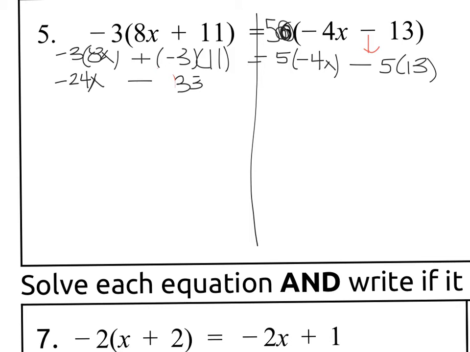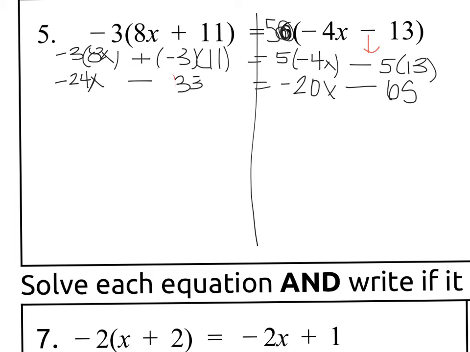So -24x minus 33, because plus a negative is subtraction, equals 5 times -4x is -20x minus 5 times 13 equals 65.